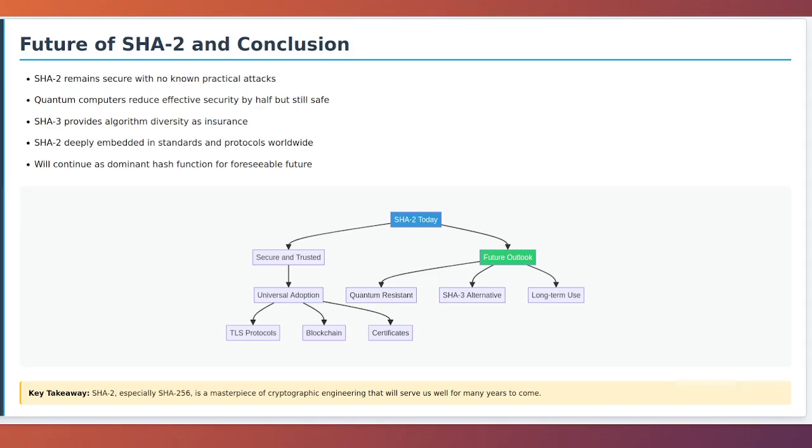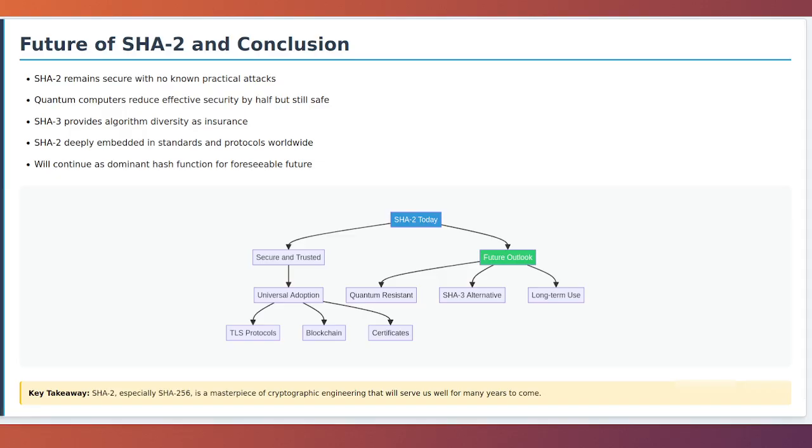The key takeaways are these. SHA-2, particularly SHA-256 and SHA-512, represents a masterpiece of cryptographic engineering. It provides strong security guarantees backed by extensive analysis. It offers excellent performance on all modern platforms. It's universally supported across languages and systems.